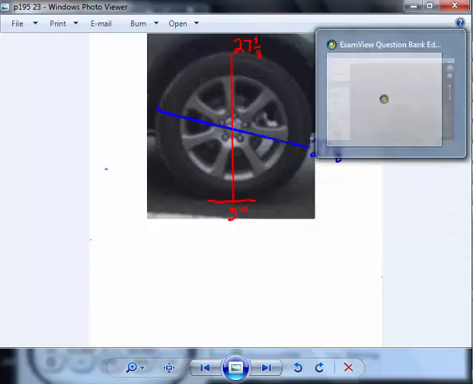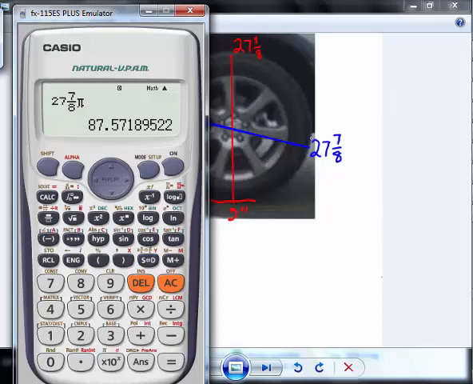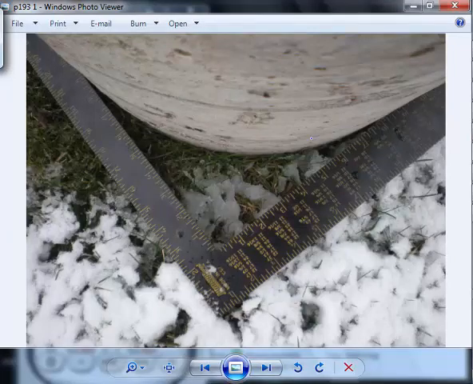So what we're going to do is take that 27 7/8 and multiply that by pi, and that's how far forward it rolls, which is about 87.5, about 87 and 9/16 inches forward. Then I think that's it.